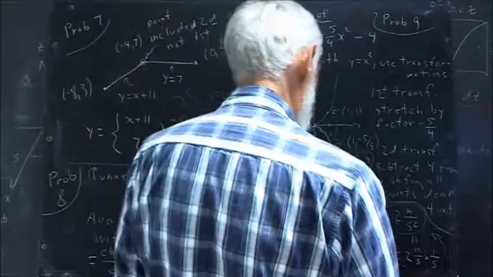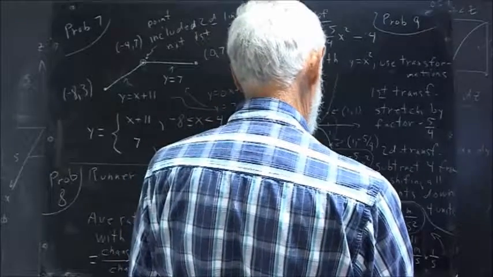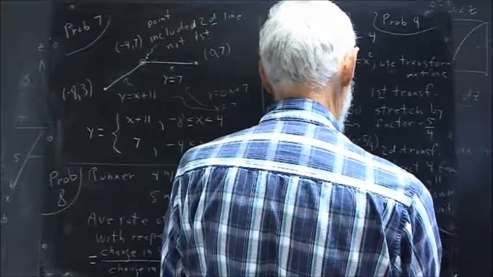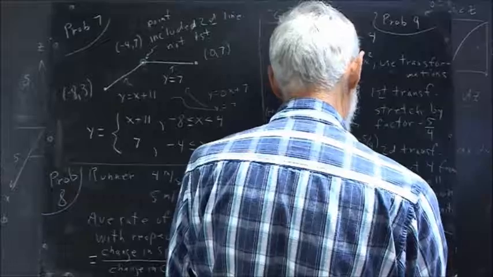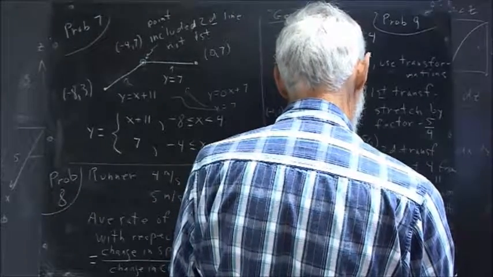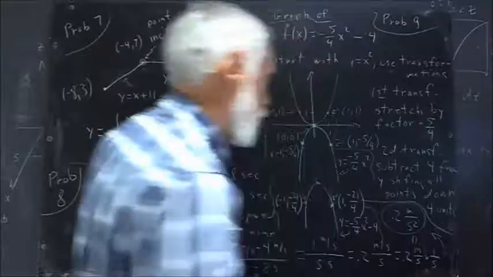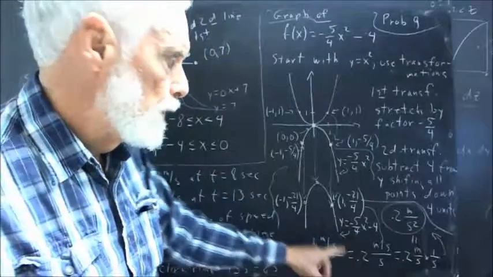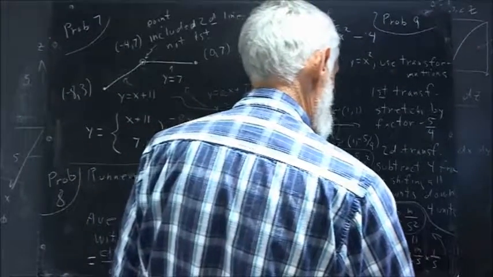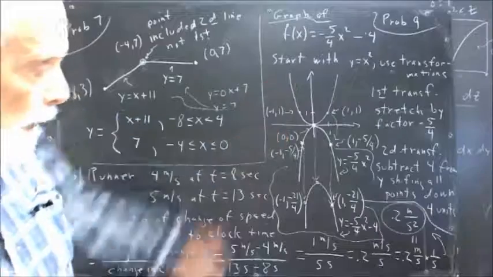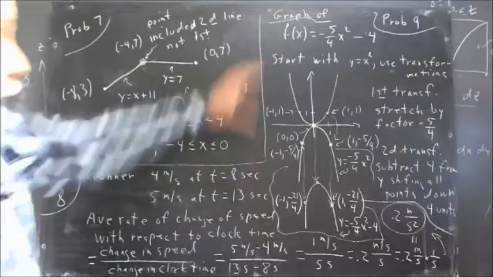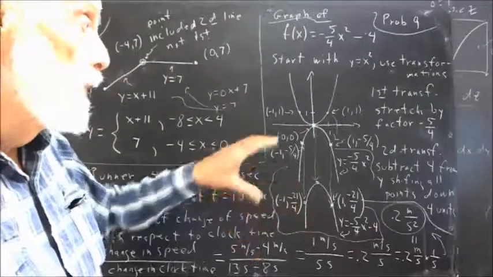And the equation here is then y equals -5/4 x squared minus 4. And let's put a little line here to box that off. Okay, so that's the process. That's how we graph this with transformations.